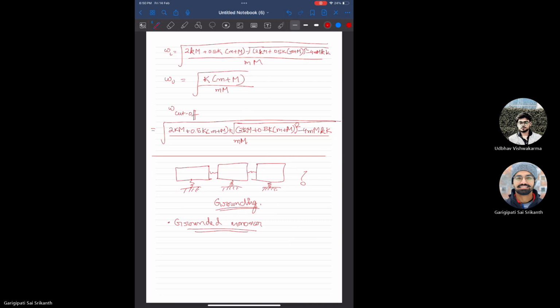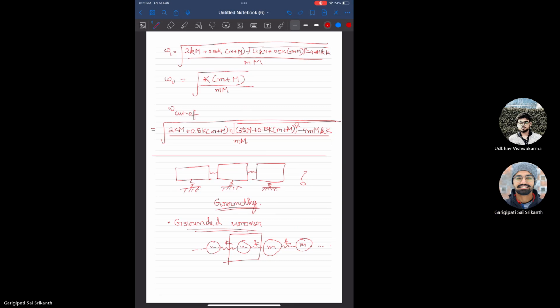Now, what would that look like? Some chain repeats like this, and typically this would be the unit cell.